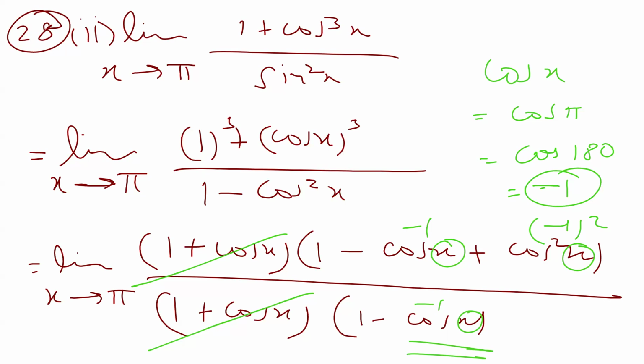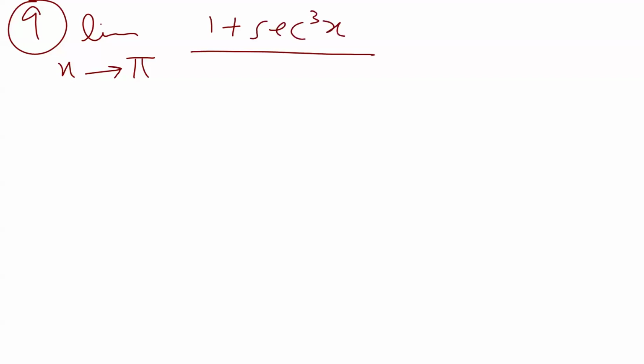Now there is one question in exercise number 8, question number 9. It is of a similar category, so I'll just explain this. Limit x approaching pi, (1 plus sec cube x) upon tan square x. x is not approaching 0, just remember that.